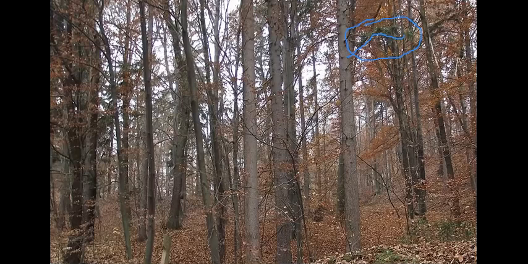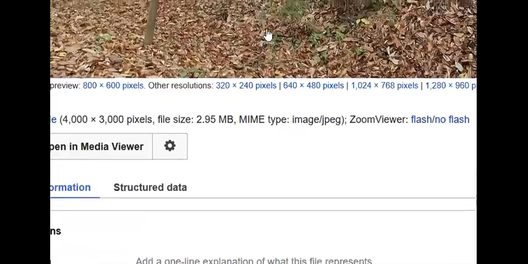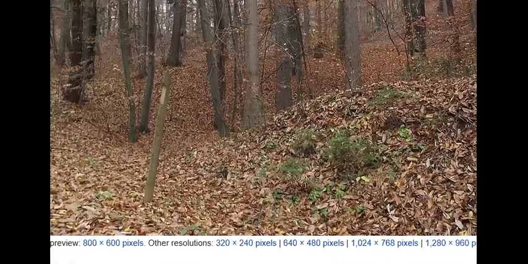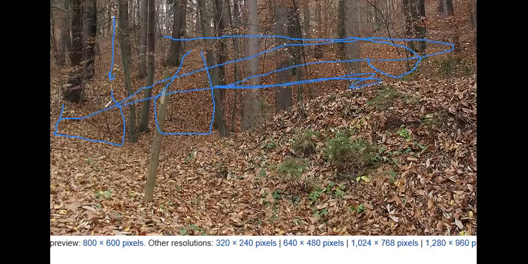What else do we have in this picture? There's just leaves. Look at this, leaves on the ground, leaves of all of these trees that have fallen from the branches to the ground, and they're just covering all of this forest floor.